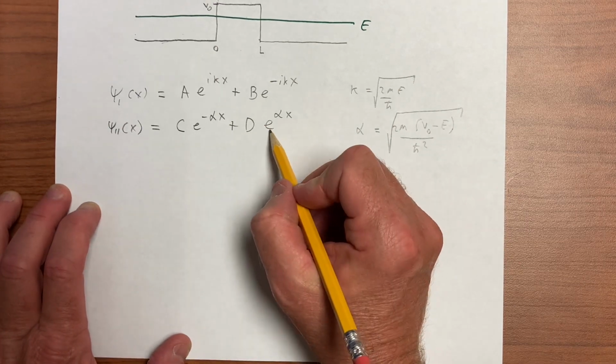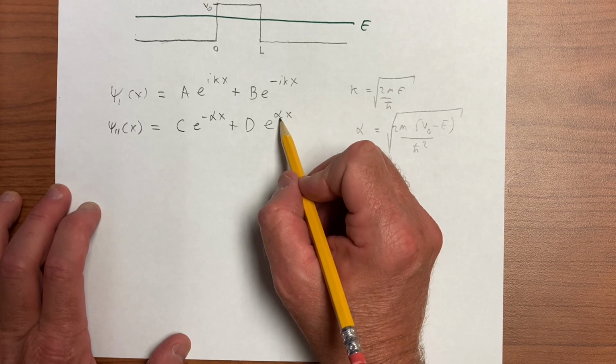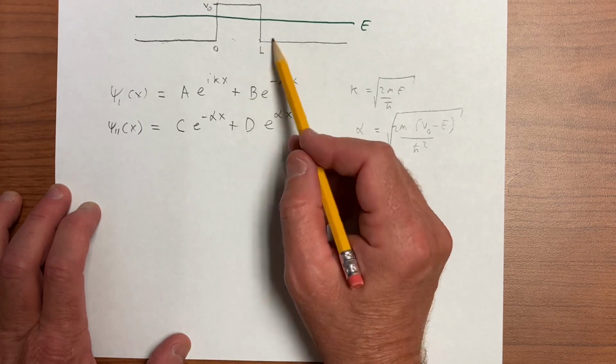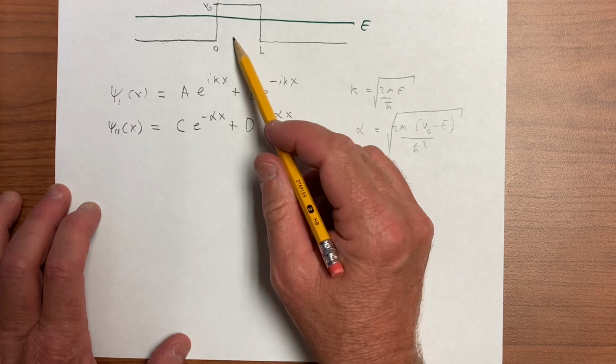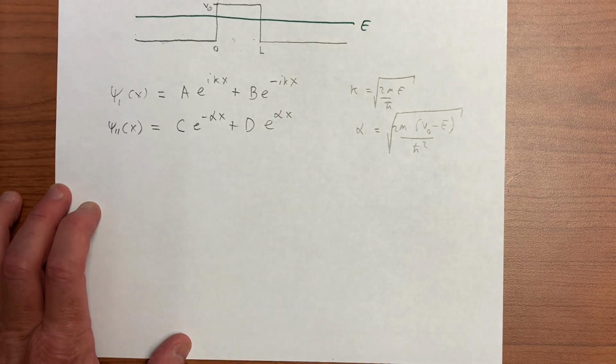Notice that we can't get rid of the exponential growth because we have no problem with normalization, because it's a finite region of exponential growth, so that solution has to be there as well.